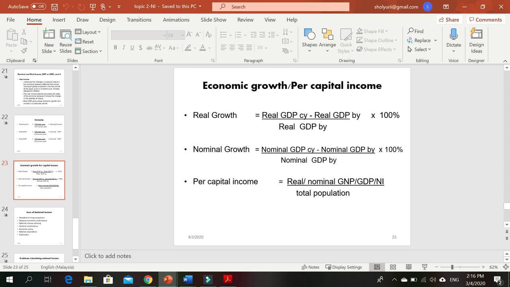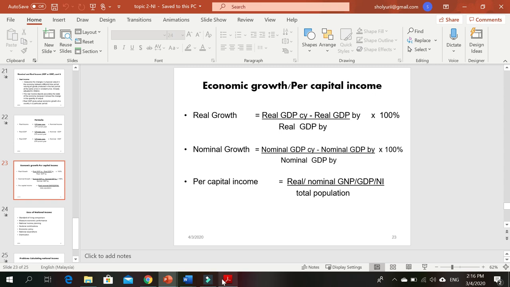So, tengoklah dia nak per kapita apa. So, kalau dia nak per kapita GNP, you ambil GNP bagi population. Kalau dia nak per kapita GDP, you ambil GDP bagi population. Ini bukan real bagi nominal bagi GDP, bukan. Saya cuma bagi tahu apa jenis per kapita yang dia nak. So, tengok, depends on the question lah. Dia nak per kapita apa.